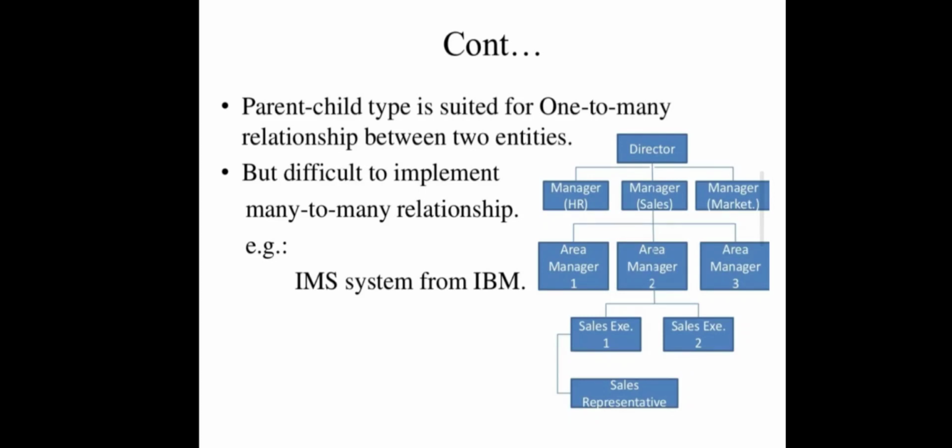Next, further sales 1, sales 2. But it is difficult to implement a many-to-many relationship. For example, the IMS system from IBM, Information Management System.